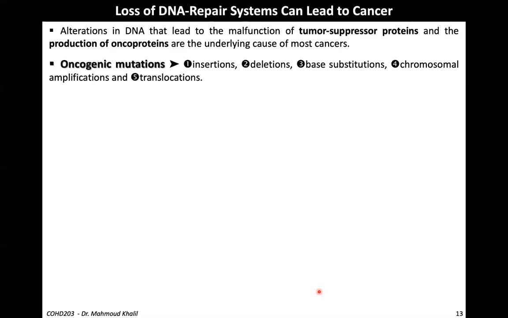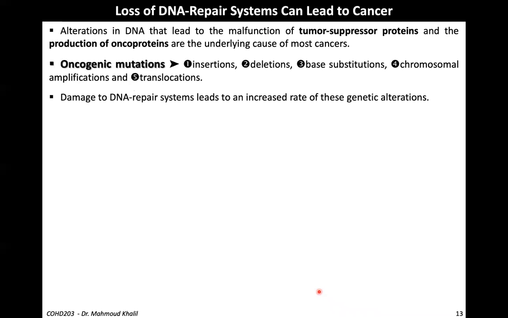These oncogenic mutations are insertions, deletions, base substitutions, chromosomal amplification, and translocations of the chromosomes. So damage to the DNA repair system leads to an increased rate of these genetic alterations. Cells that accumulate mutations will eventually become cancerous.